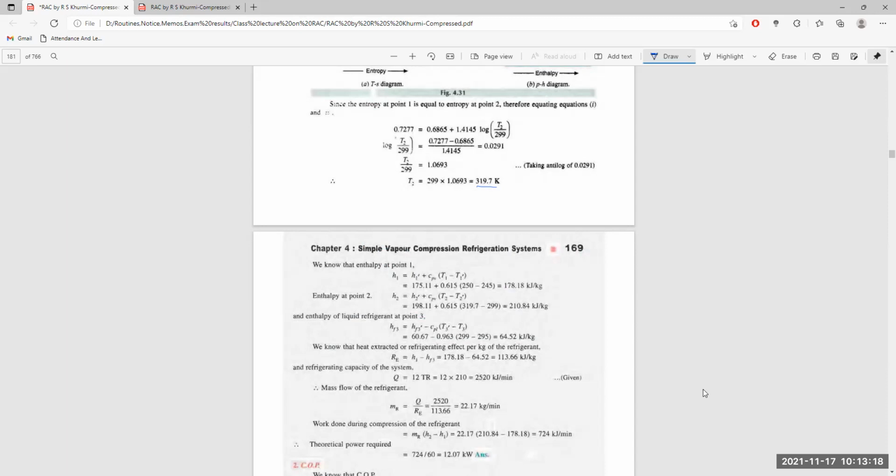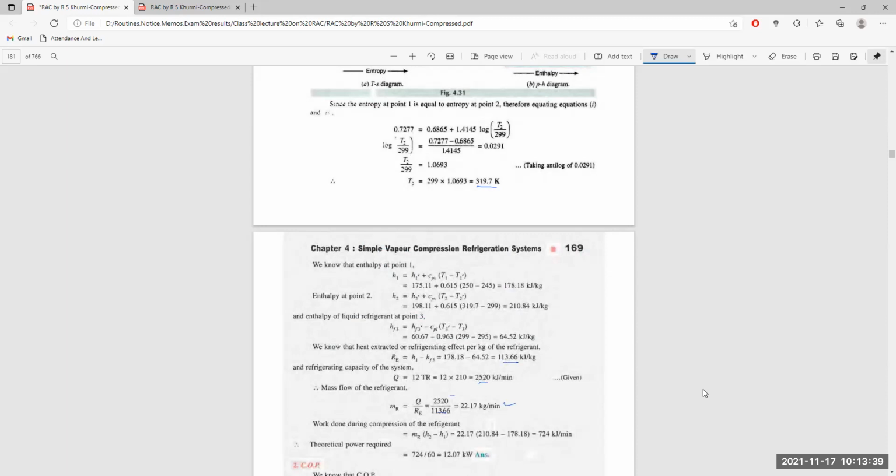So the mass flow of the refrigerant will be the refrigerating capacity divided by the refrigerating effect, both known: 2520 divided by 113.66, which is 22.17 kilojoule per kg per minute.